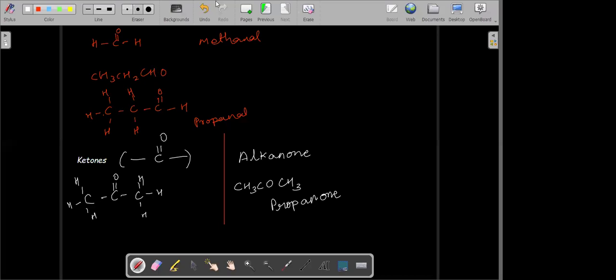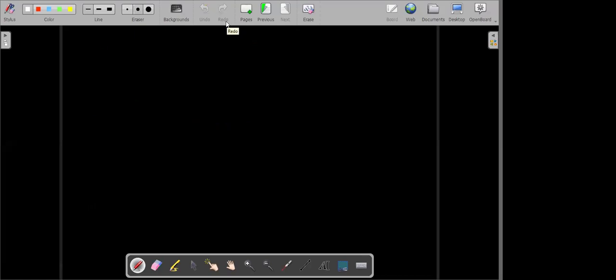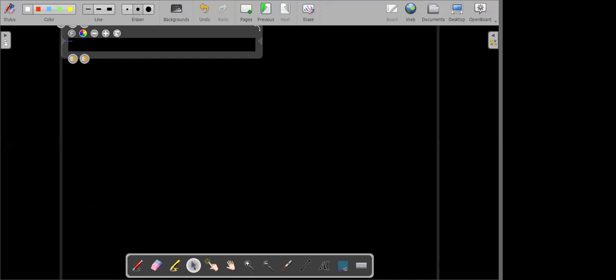Okay, so let's see the next one. Carboxylic acids. The last group which we did was carboxylic acids. These are carboxylic acids. Okay.